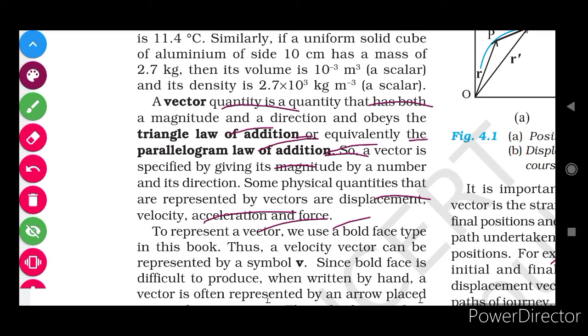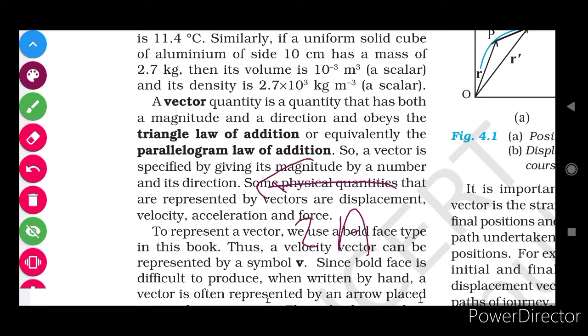You see, electric current has magnitude, like 2 ampere. When you come across electric current in class 12, you have studied a little bit in class 10, you see that it flows in a particular direction. Even then it is not a vector. So why is electric current not a vector?